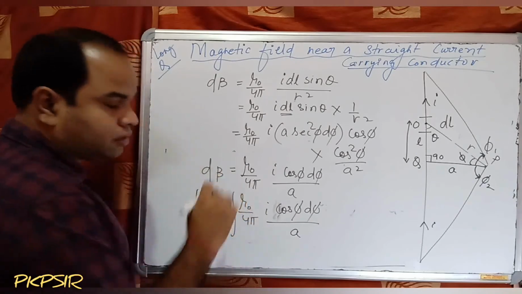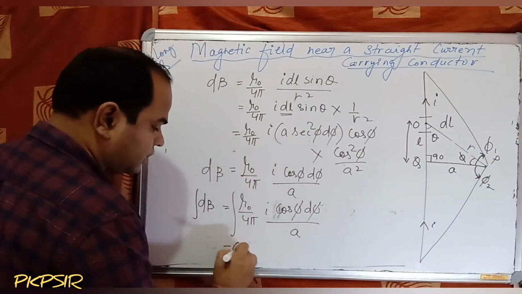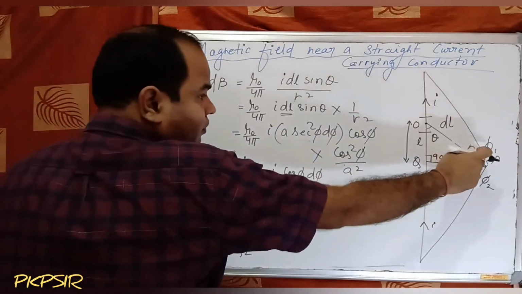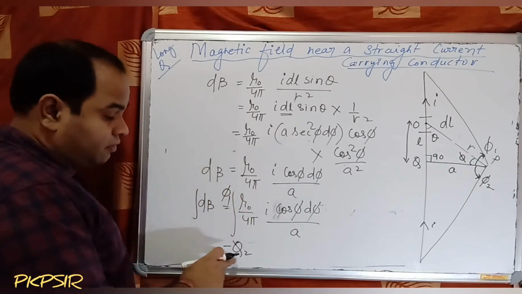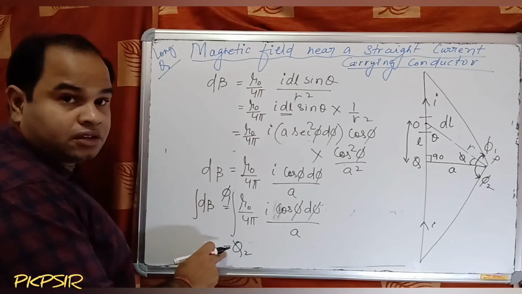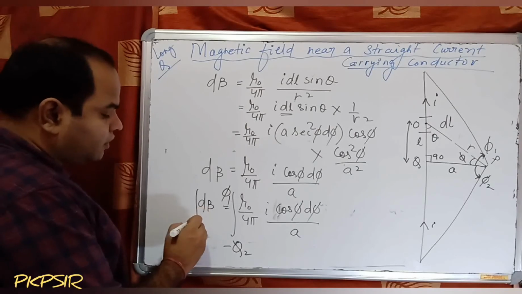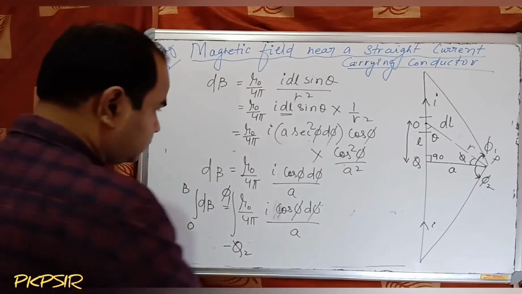Let us integrate: the lower limit is minus phi 2 and the upper limit is phi 1. So we have to integrate the angle from minus phi 2 to phi 1. Minus is for anti-clockwise, positive is for clockwise. And the total magnetic field is B, that is from 0 to B.